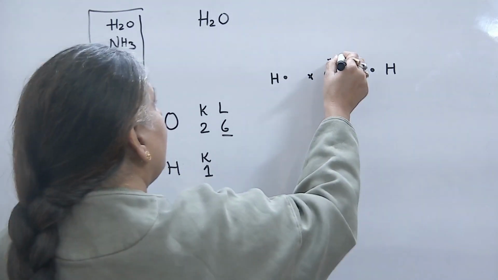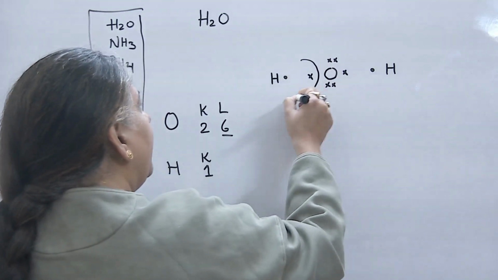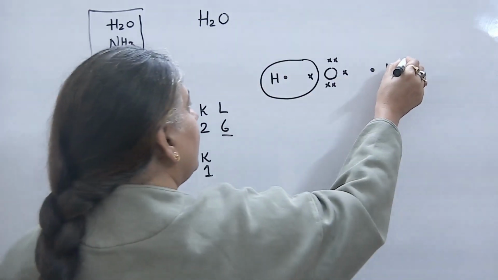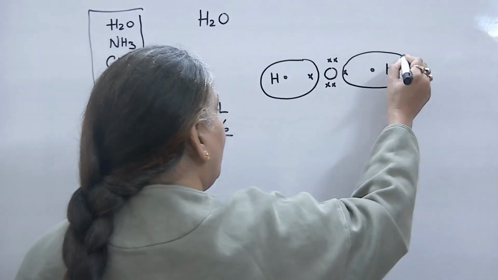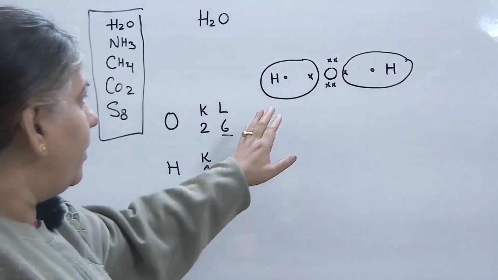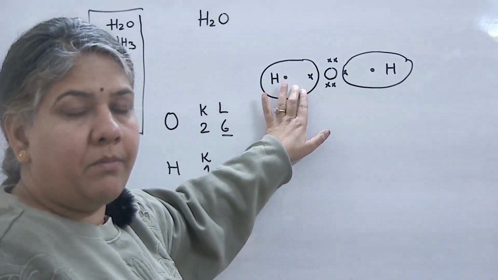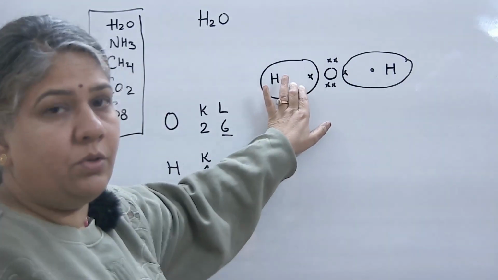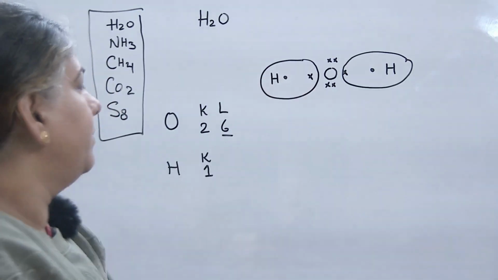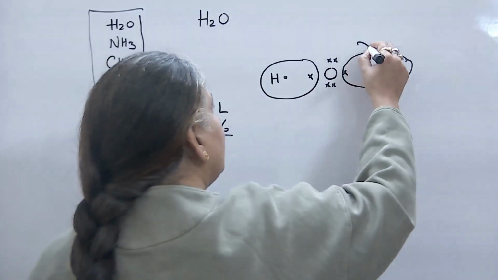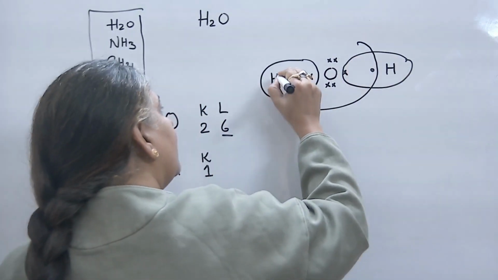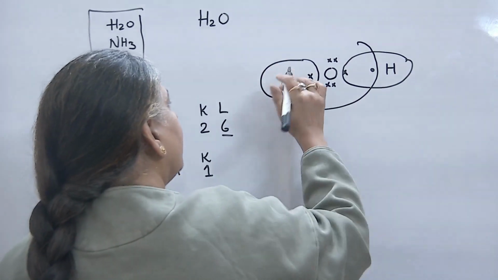Hydrogen will complete its duplet, not octet, duplet. Hydrogen gets stability by acquiring 2 electrons, so it completes its duplet, while oxygen completes its octet.